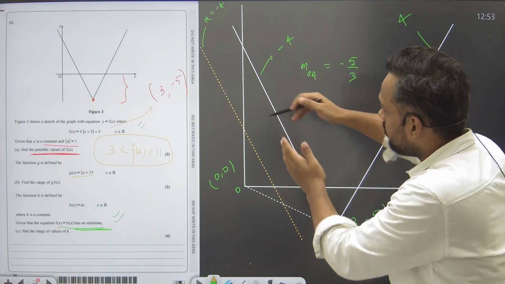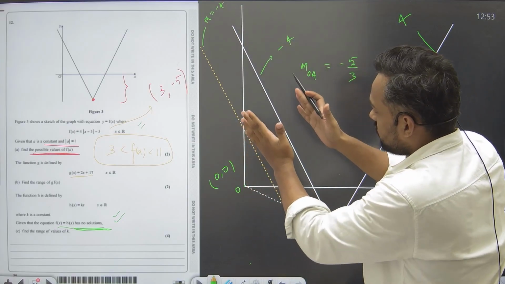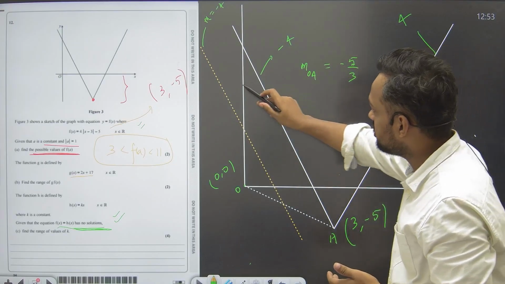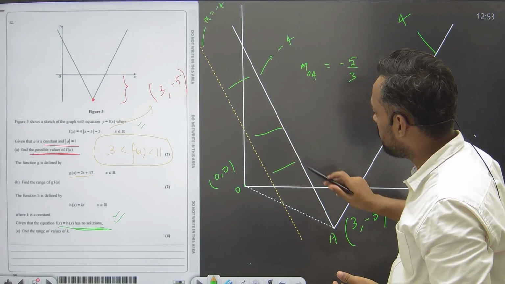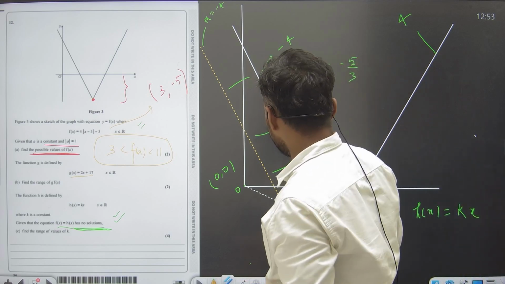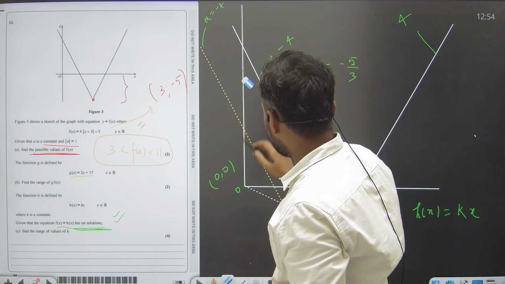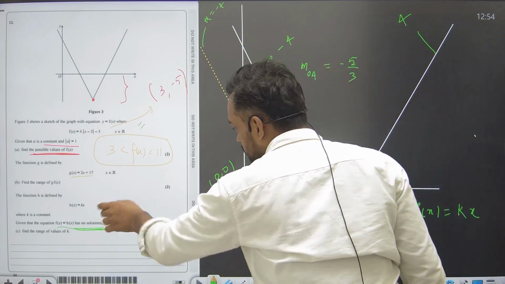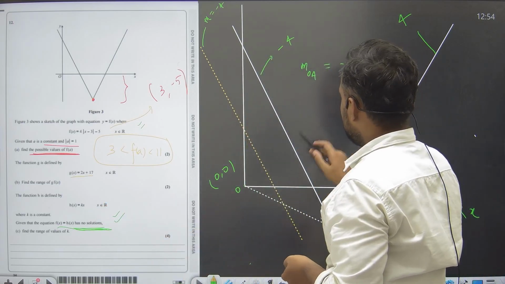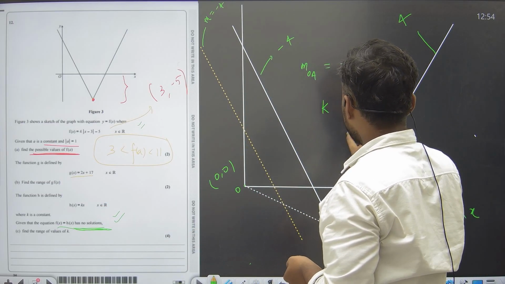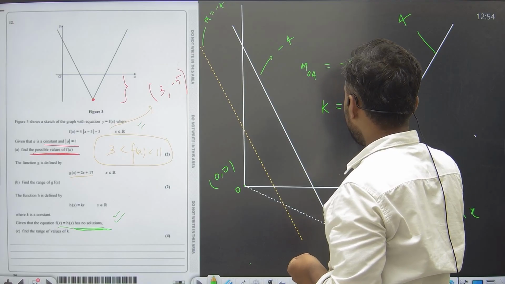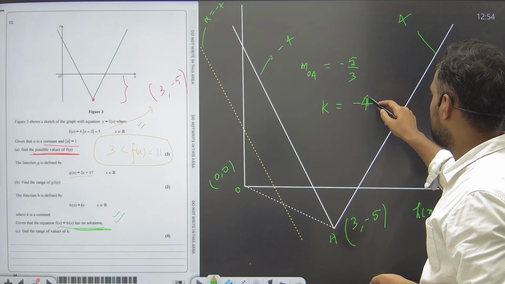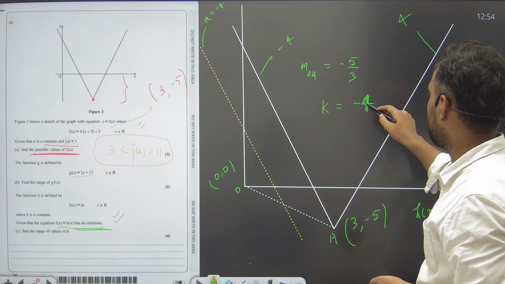Because it is parallel, it will be at a constant distance on the graph. The distance between them will be the same. So we can say that for the range we are calculating, k can be equal to negative 4.